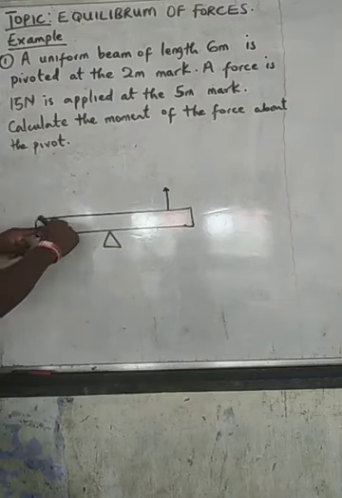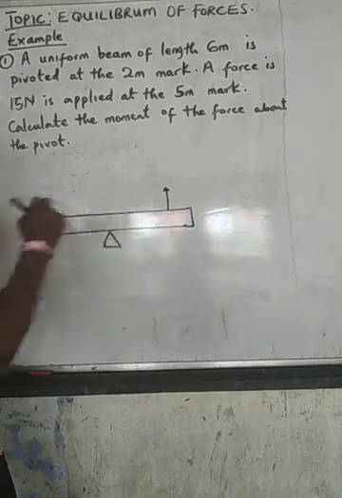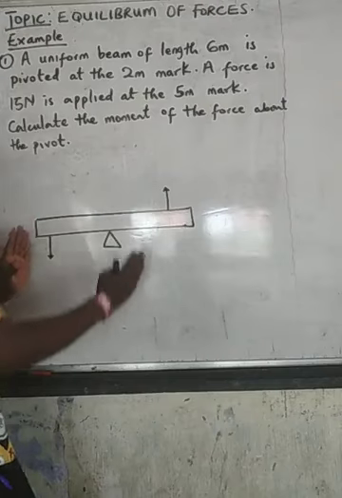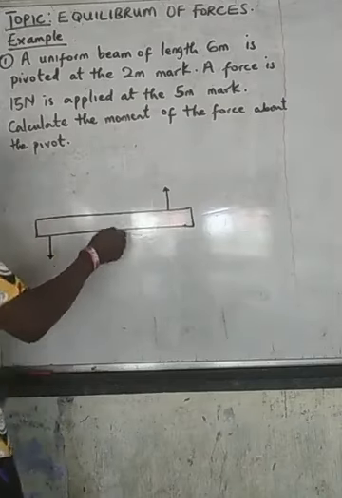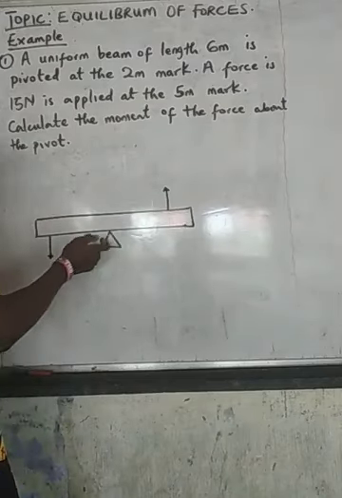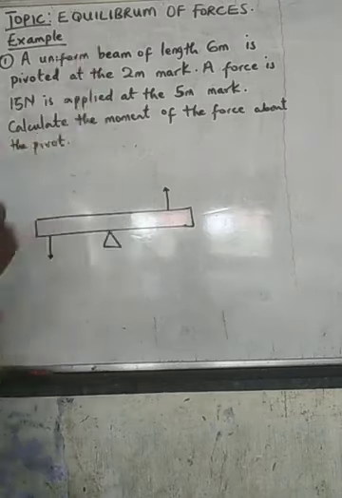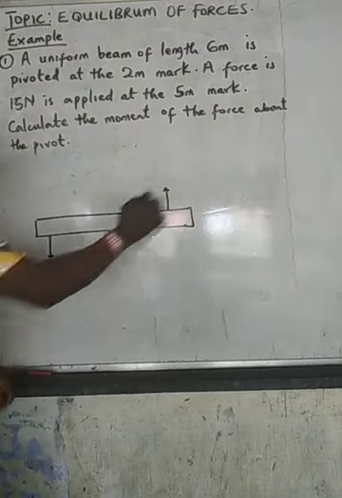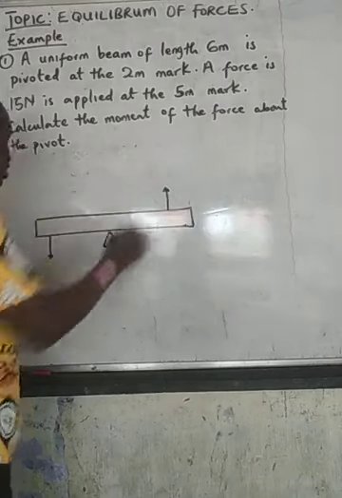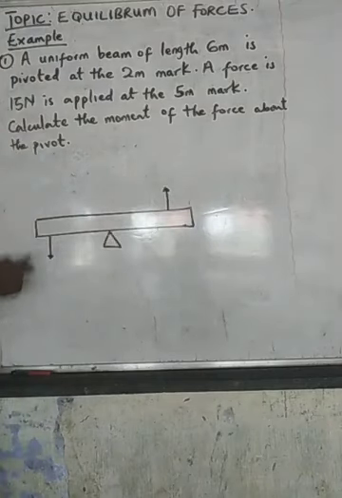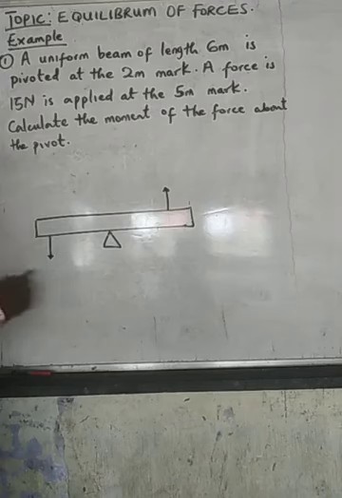The ruler will maintain equilibrium until there is no more shaking about the point where the pivot is located. Then the ruler is said to be at equilibrium. The upward forces pulling the ruler upwards and the downward forces pulling it downwards must be equal for the object to maintain equilibrium.